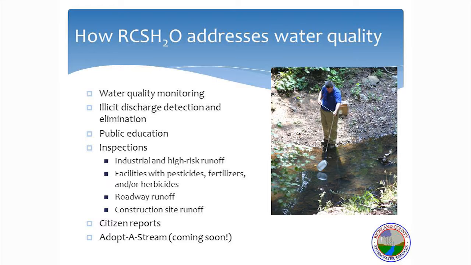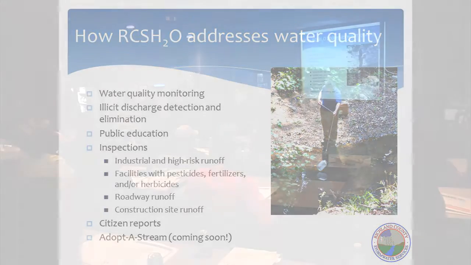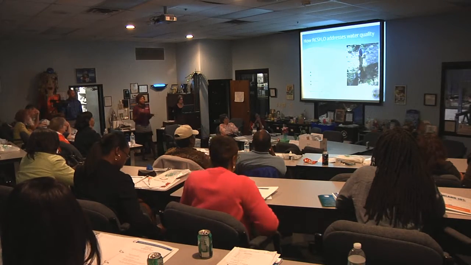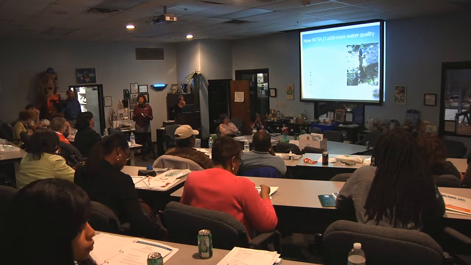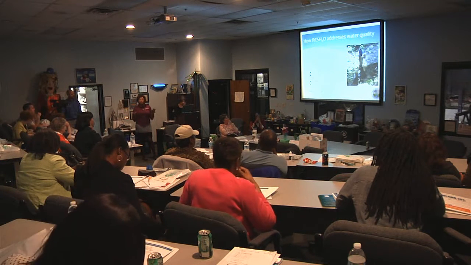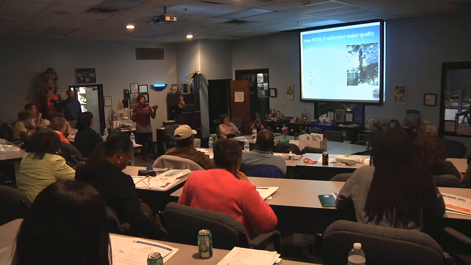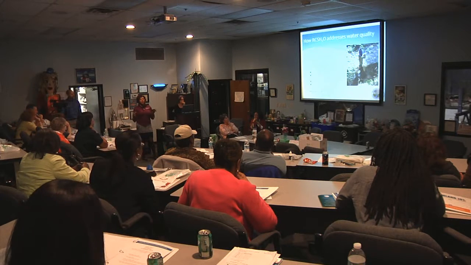In-stream water quality samples, which means that our water quality guys go out and use this handy method that James is doing to take a sample of water to see what pollutant levels are in it on an average day. We also take samples that are called wet weather samples, and that big circular machine that you saw earlier is an example of one of the wet weather samplers.